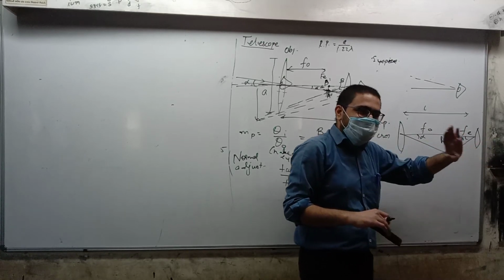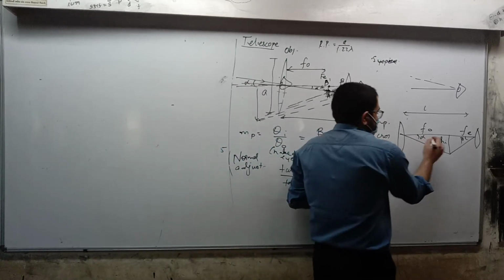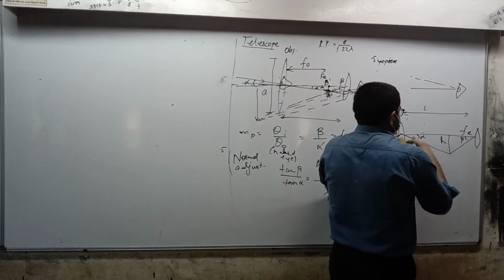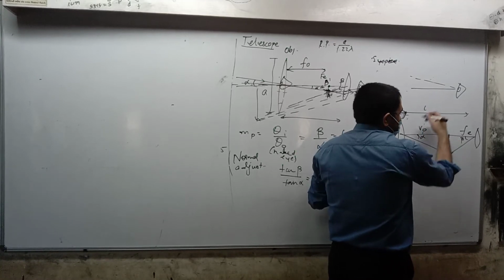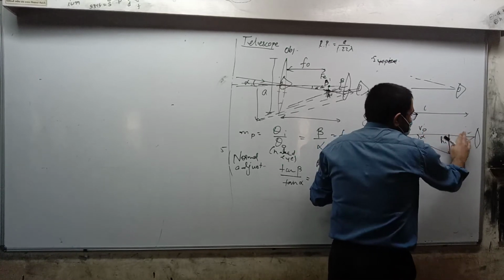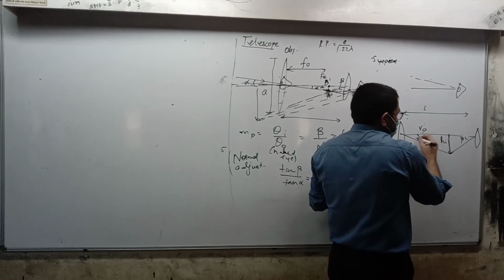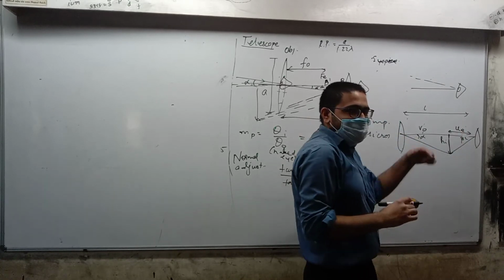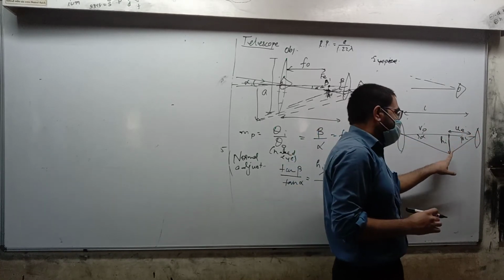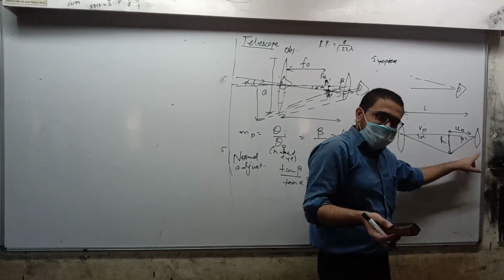Ready? Suppose you see the image is here at VO, and we know this length. We don't know this, suppose. Yes. Okay. So now if this is VO, this remaining should be UE, correct? Object distance for eyepiece, because this becomes the object. Yes. That's what we call this. Okay.